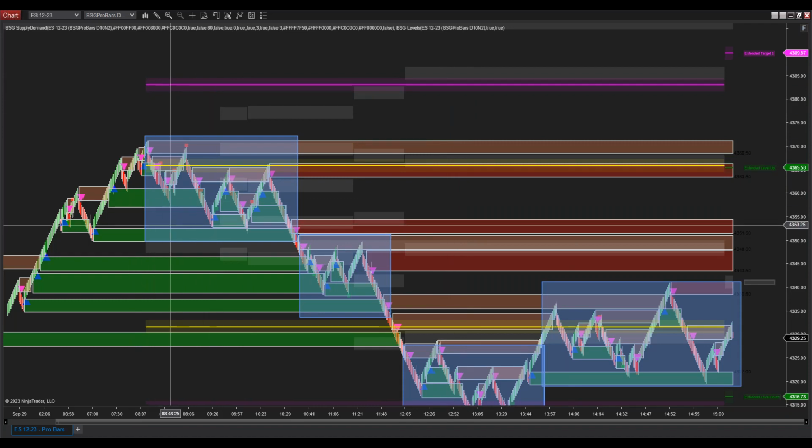Supply and demand indicator only, pro bars, supply and demand BSG levels. On the 5-minute chart, I have order flow zones and supply and demand alone. Order flow zones tell me which direction the momentum is, based on order flow. This way I know which side I need to stay on the trade. That way, 2 charts are very critical for me.